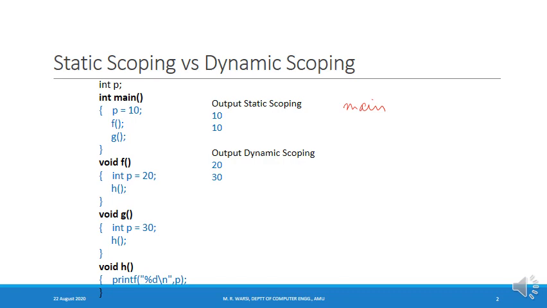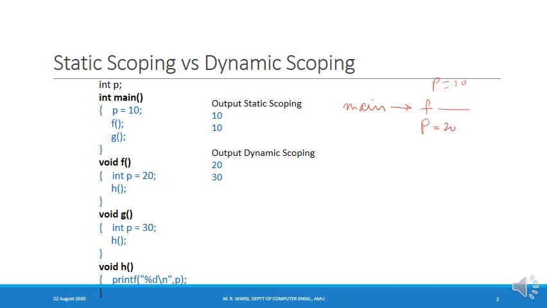So the global p gets the value of 10. Main in turn gives a call to the function f. F has got a definition of the variable p, and this is being assigned a value of 20.